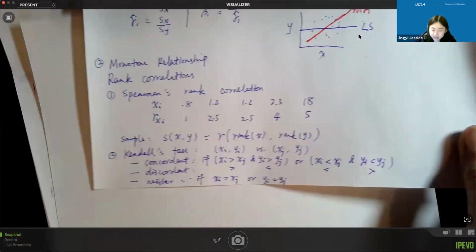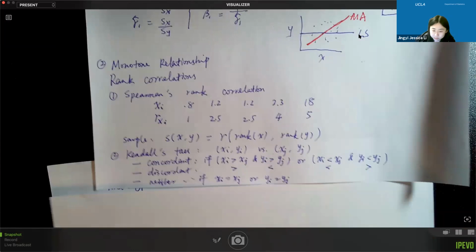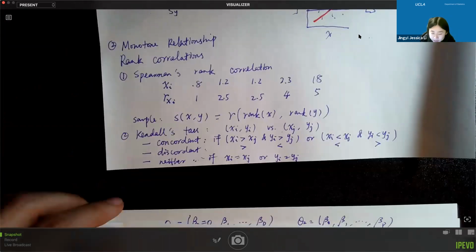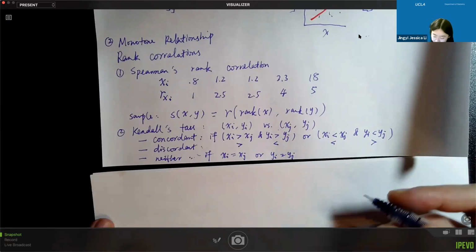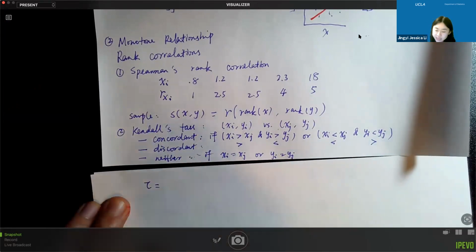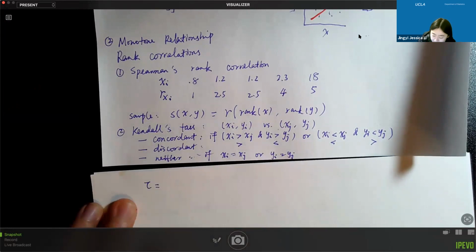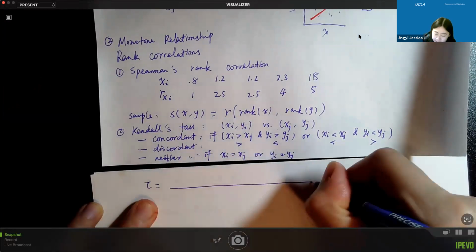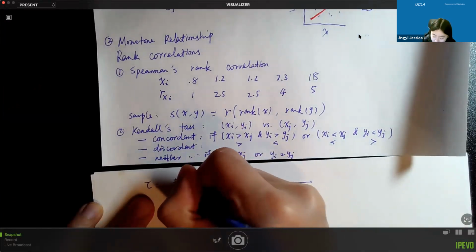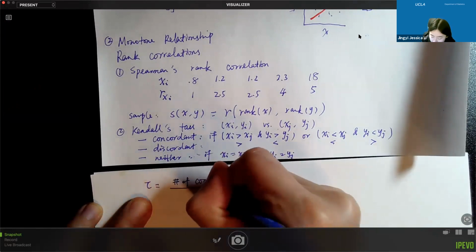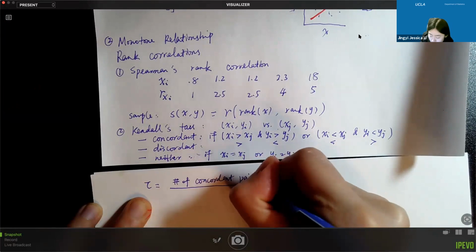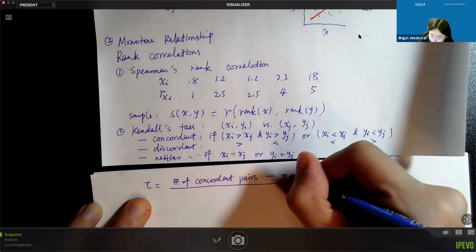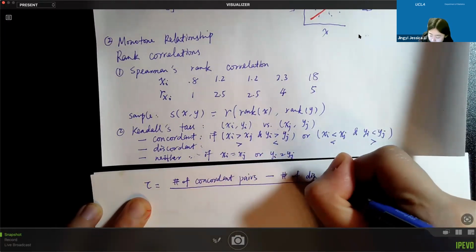And with the definition of concordant pairs and discordant pairs, here it comes. Kendall's tau is defined as a ratio. The numerator is the number of concordant pairs minus the number of discordant pairs.